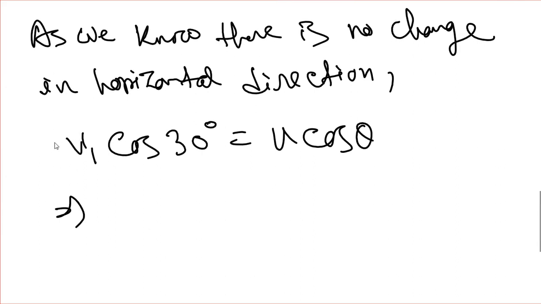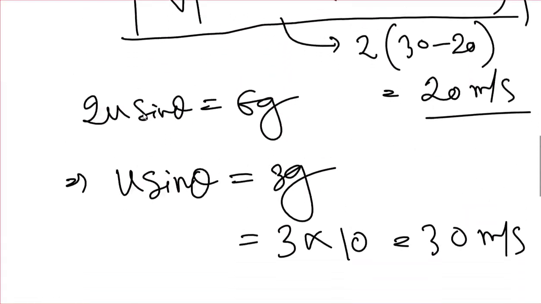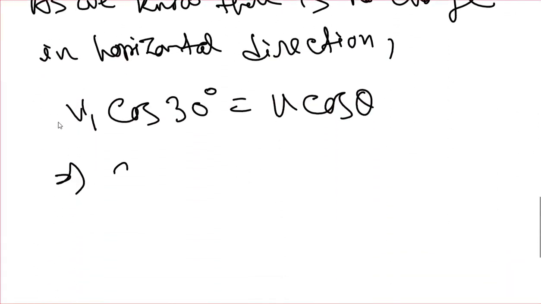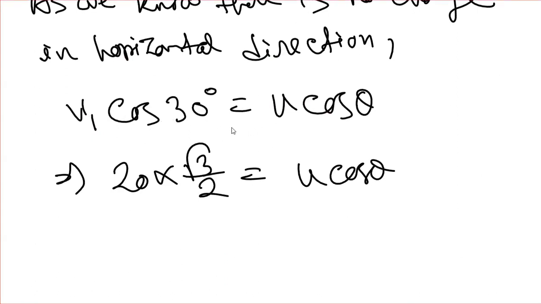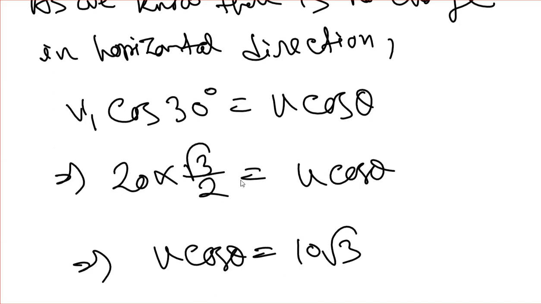So it will be come out to be, what is the value of v1? We have found that value of v1 is 20. Okay, so 20 into the value of cos 30 will be root 3 by 2 equal to u cos theta. So will be u cos theta will be 10 root 3.